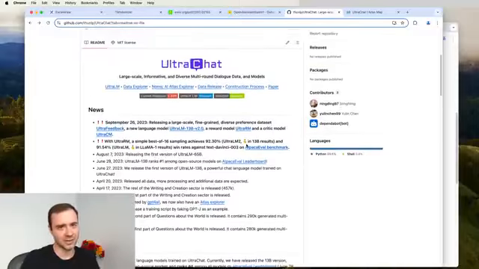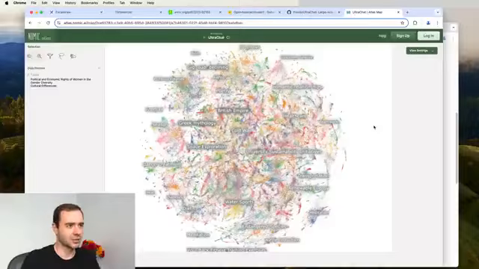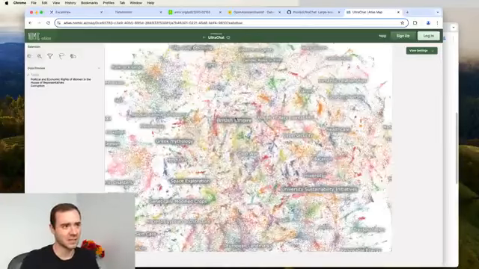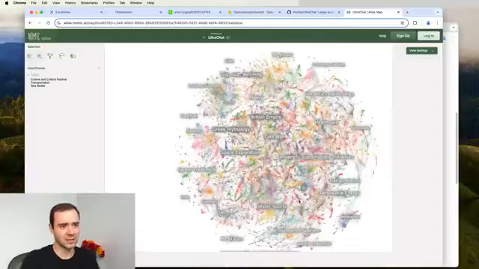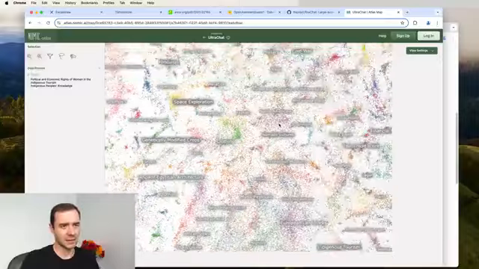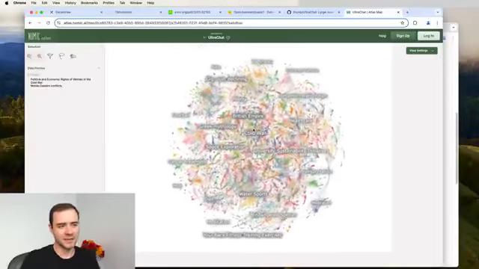UltraChat is just one example of many SFT datasets that currently exist. The only thing I want to show you is that these datasets now have millions of conversations. These conversations are mostly synthetic, but they're probably edited to some extent by humans. And they span a huge diversity of areas and so on. So these are fairly extensive artifacts by now.